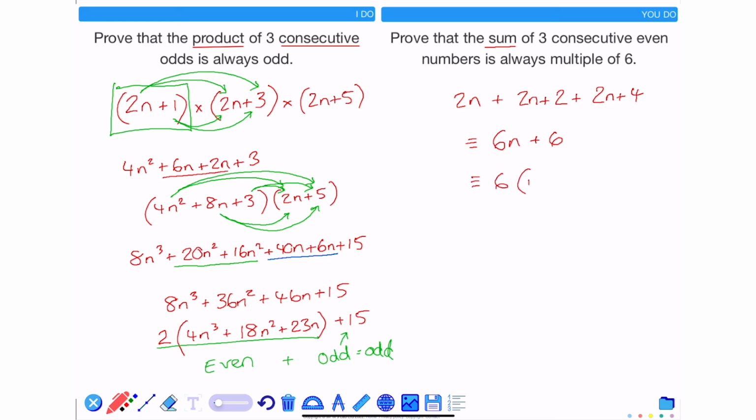So factorizing gives me 6 lots of n plus 1. The fact that we took out a common factor of 6 from 6n and 6 now shows that we are multiplying n plus 1 by 6, and therefore will always be a multiple of 6.